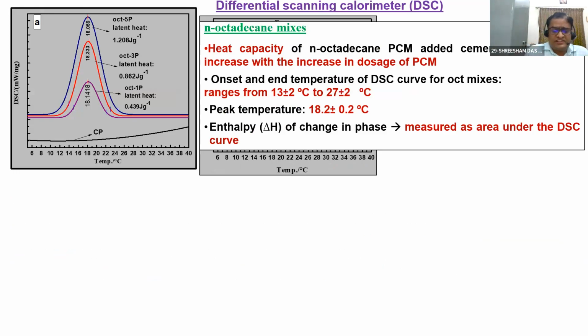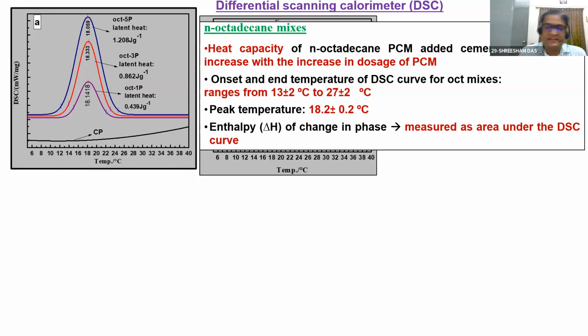So what you can see here? This black line is my cement paste. When I go ahead with the temperature, you can see it is a flat black line. No heat is getting stored, because as I was telling you, OPC, a normal concrete, is very poor in heat absorbance.